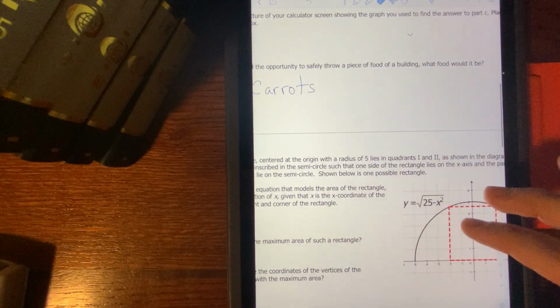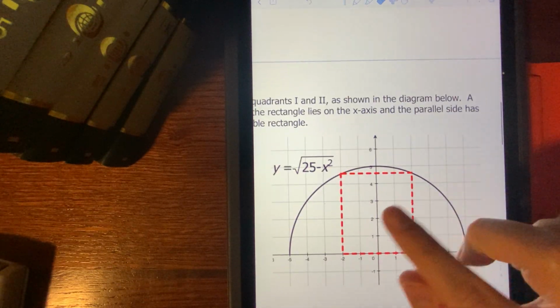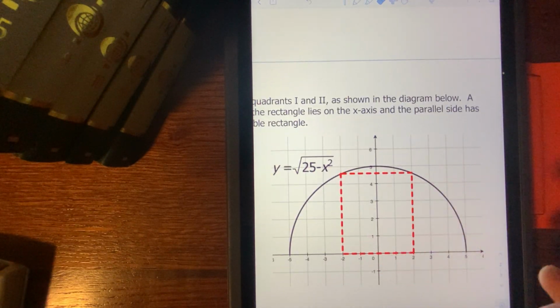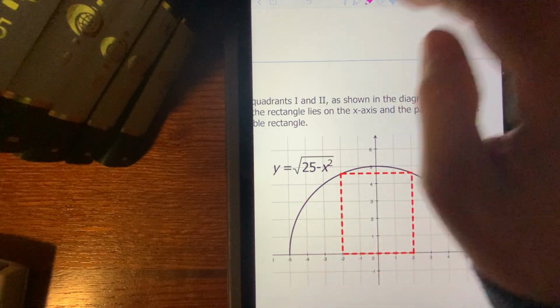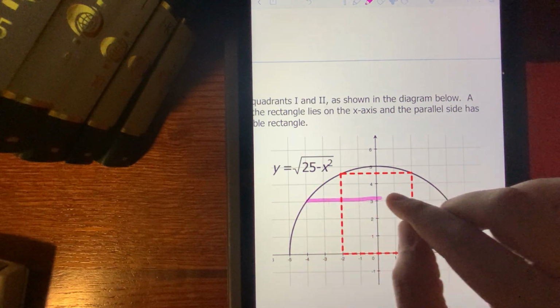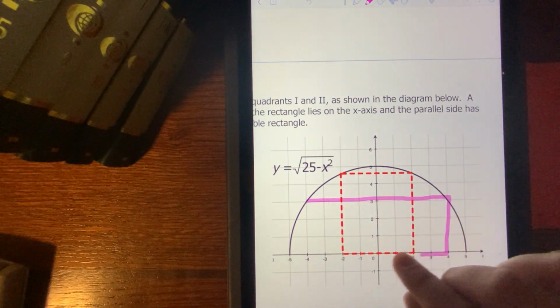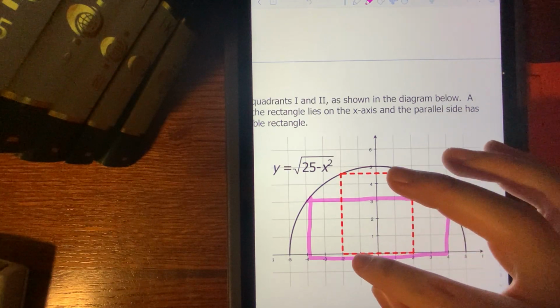All right. See if we could explain that. We have a particular rectangle highlighted in red, and we see it there, but it's obviously not the only one that could fit underneath here. A rectangle going from there to there to there to there would also fit underneath, a shorter one.